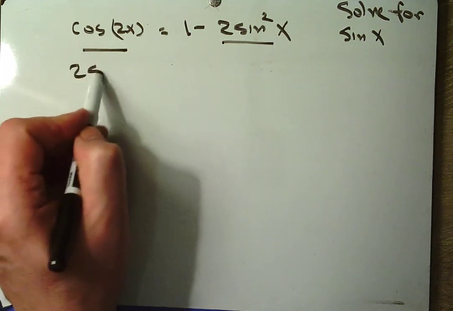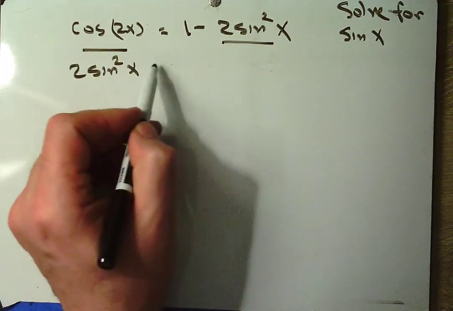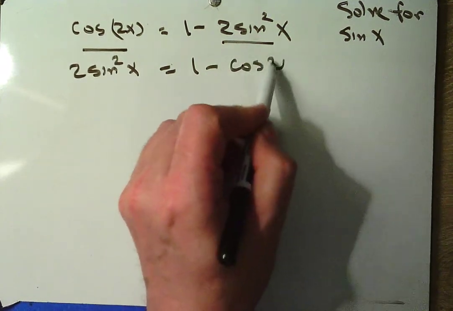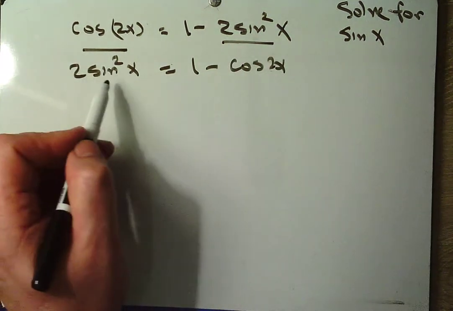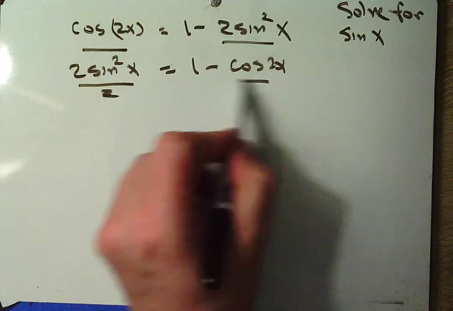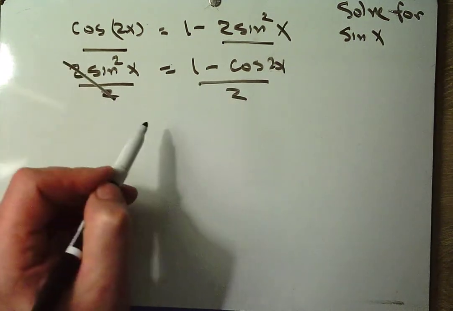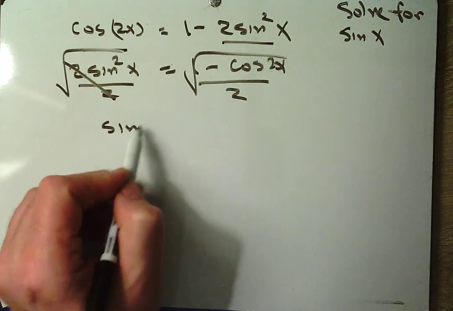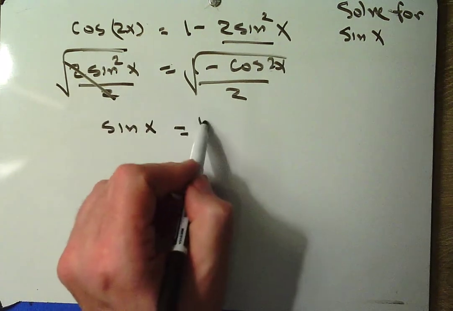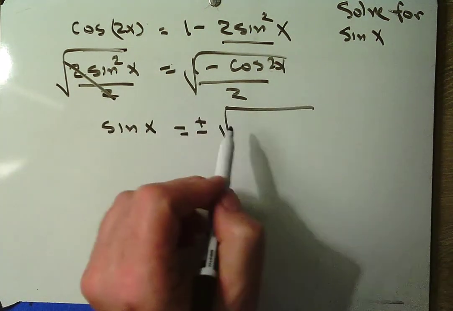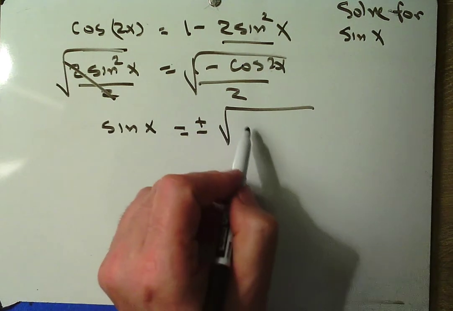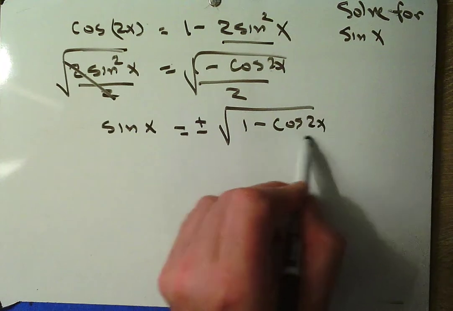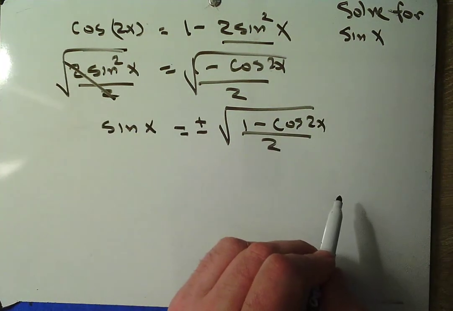So I'm going to have 2 sine squared x equals 1 minus cosine 2x. And now I'll divide by 2. And then I'll take the square root, and I'll get sine x equals plus and minus square root of 1 minus cosine 2x over 2.